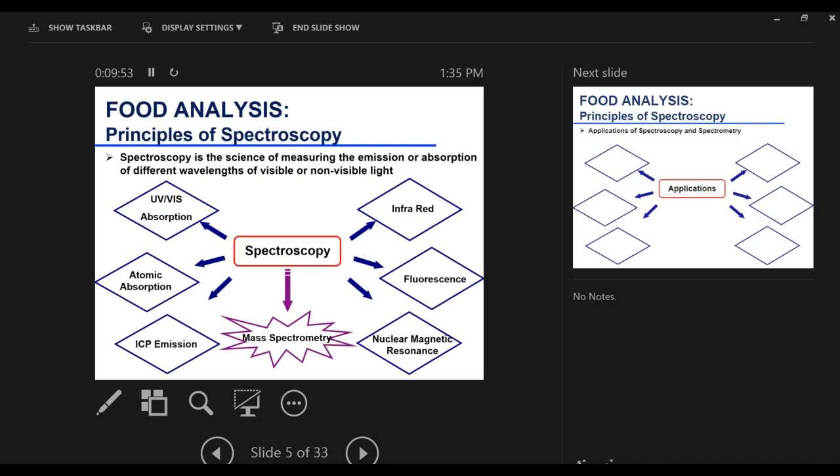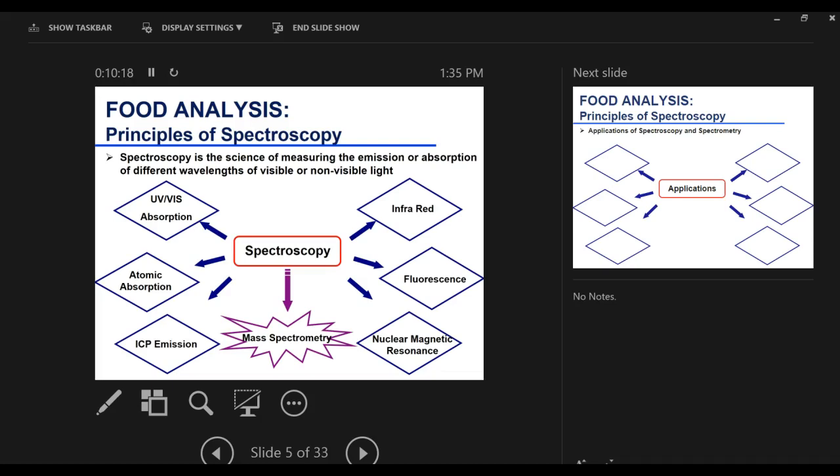We're not going to learn about nuclear magnetic resonance just because it's outside the scope of this class, but it's another powerful tool for structural elucidation. I'll mention it a little bit when we talk about mass spectrometry. Mass spectrometry is not a matter of absorption of electromagnetic radiation.